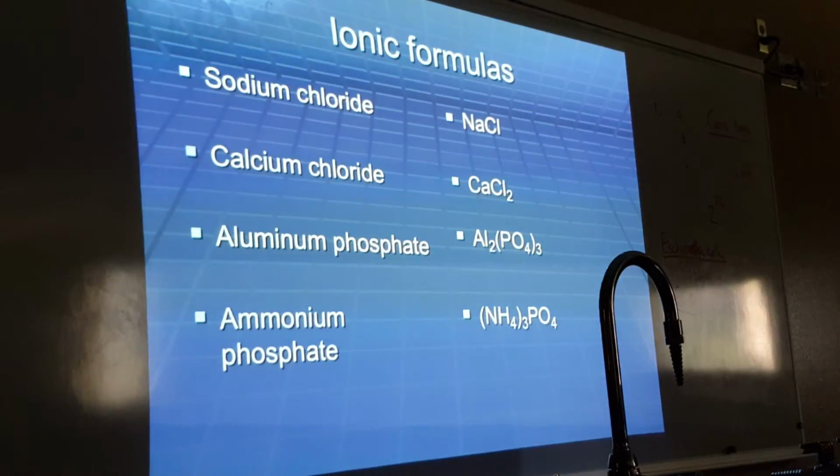So how about calcium phosphate? Well, now we got a little more interesting situation. How are we gonna handle that? Well, you're gonna have to have two of the -3s and 3 of the +2s.